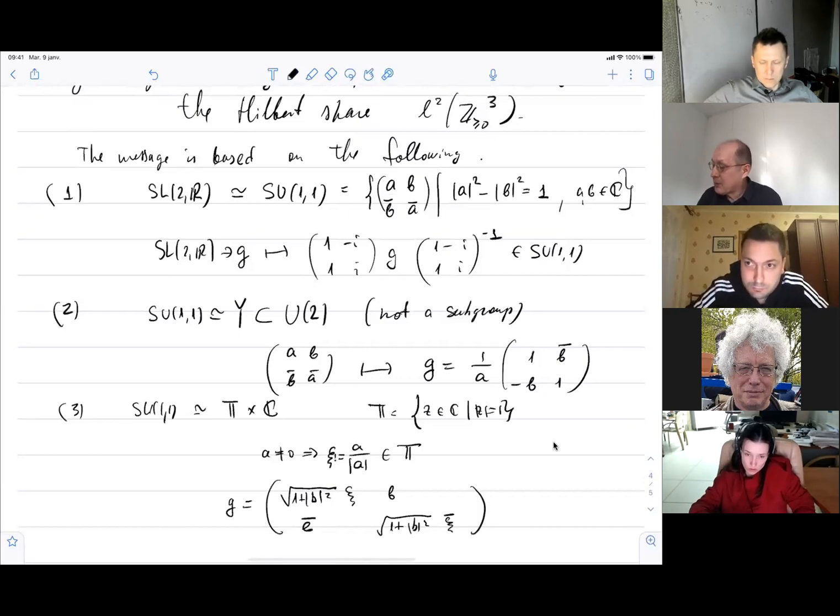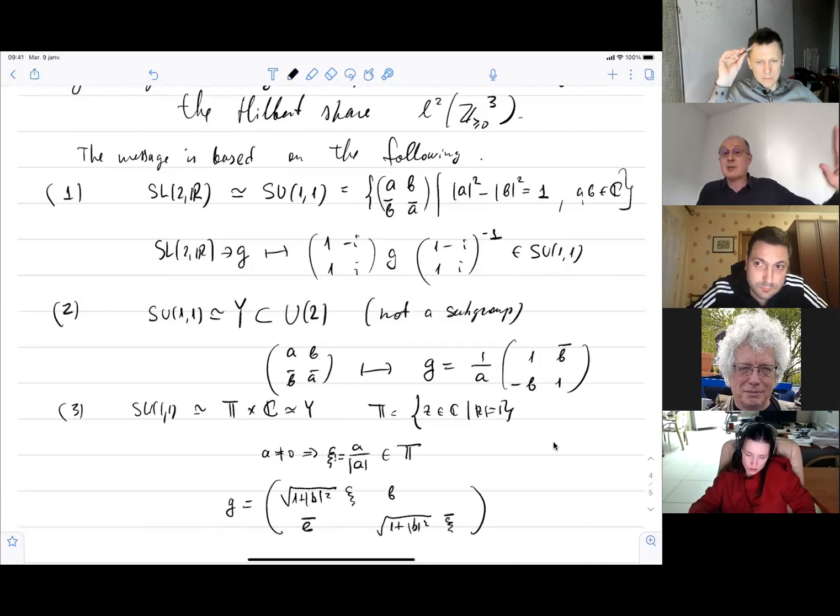So my matrix is completely parameterized as a pair of a complex number on the unit circle and just an arbitrary complex number B. So as a manifold, this is a pretty nice object, right? The complex plane and the unit circle.